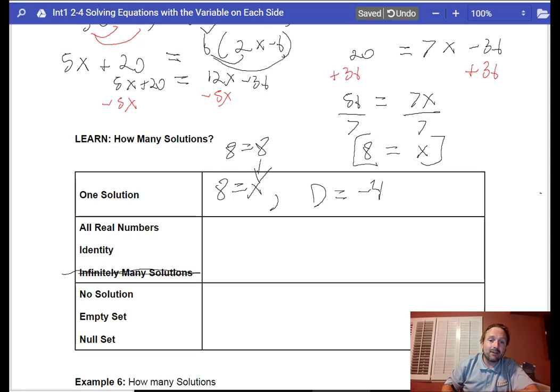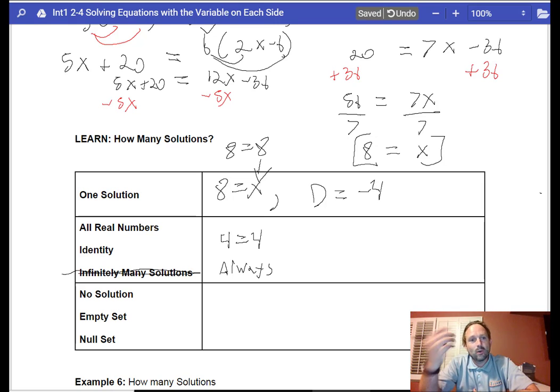This is where you have 4 equals 4. When does 4 equal 4? Now, just like above, when does 8 equal x? When x was 8. Now, when does 4 equal 4? That would be always. So this would be an identity equation when all real numbers would work.